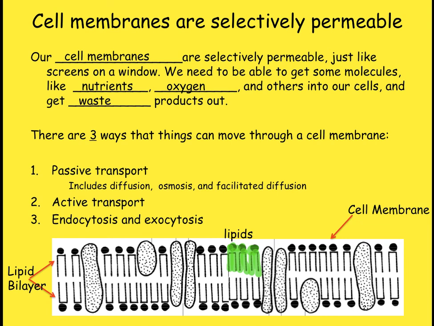Now, within the lipid bilayer, which is the cell membrane, there are also many large proteins. These are called transport proteins. They kind of look like potatoes. I'll color them in here pink. These are transport proteins.